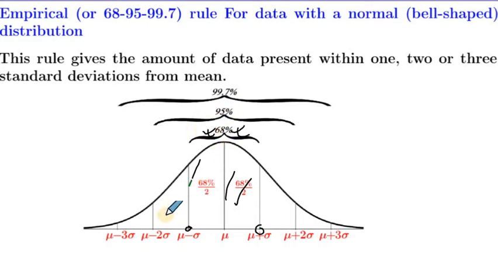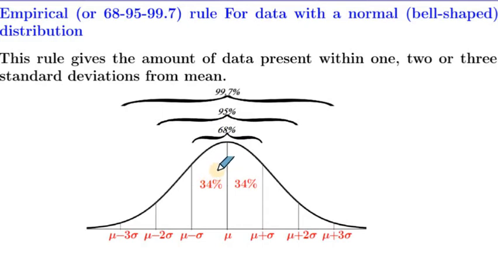But just the area on one side is 68% divided by 2, and same thing on the other side, 68% divided by 2. So 68% divided by 2 is 34% on this side, and 34% on this side.